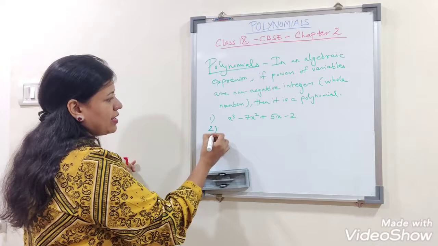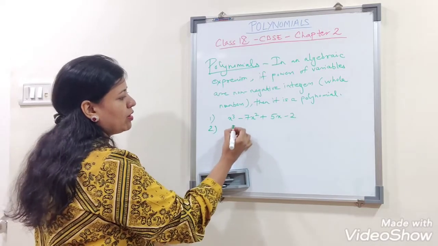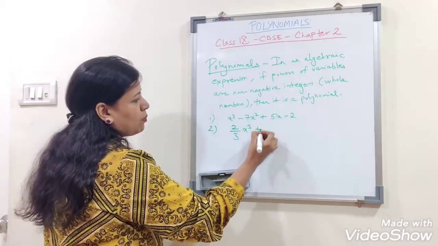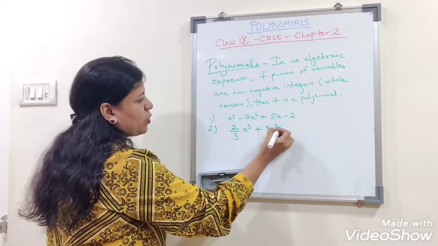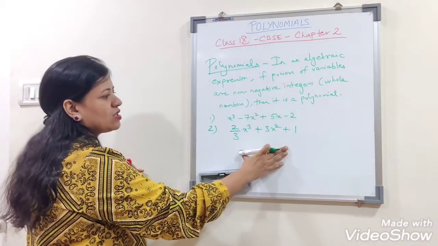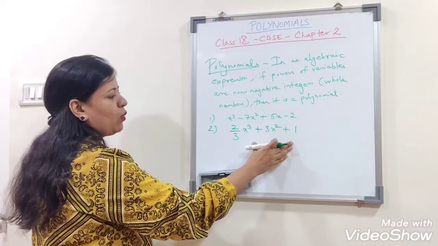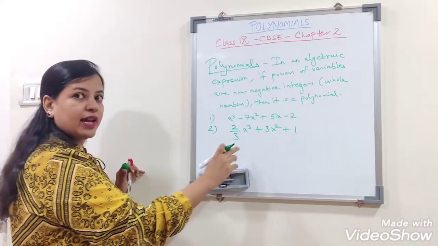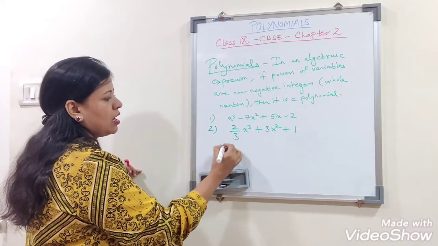Let me give you another example to make it more clear. 2 by 3 x cube plus 3x squared plus 1. Now this again is what? It is a polynomial. Why? Because the powers of the variables involved are all non-negative integers.